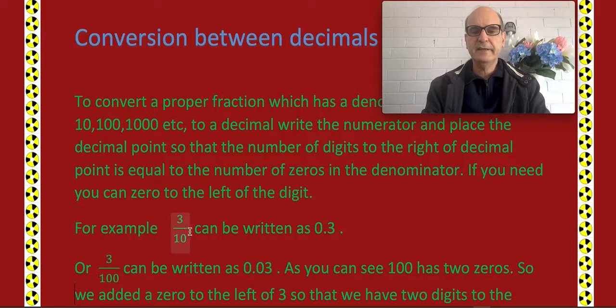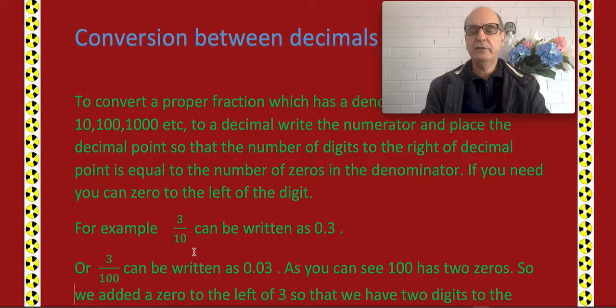we can say this. My denominator is a power of 10, and my numerator is a number. If I want to show it in decimal form, this 3 is going to show itself. So you start writing with the numerator 3.